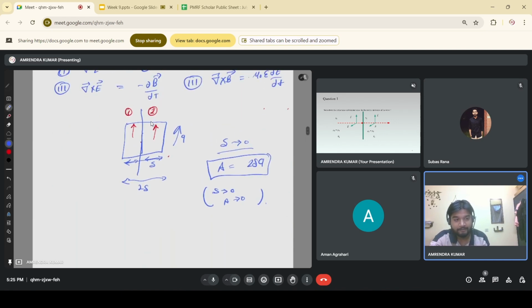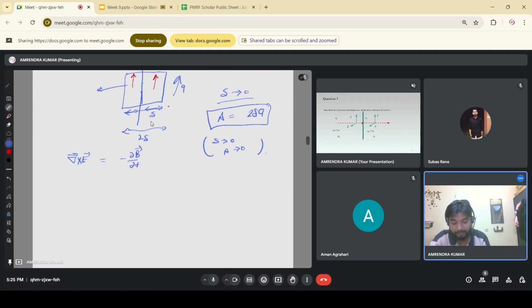This is the electric field component in medium one, so this is the parallel component. You know that del cross E equals minus del B over del t. Using this equation, we can write the integral of del cross E over the area.